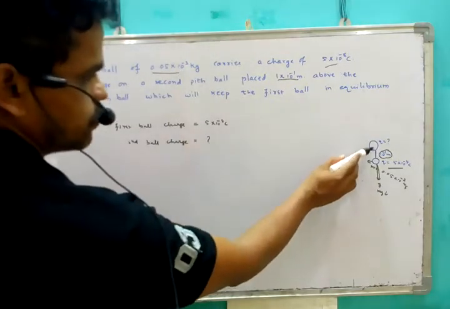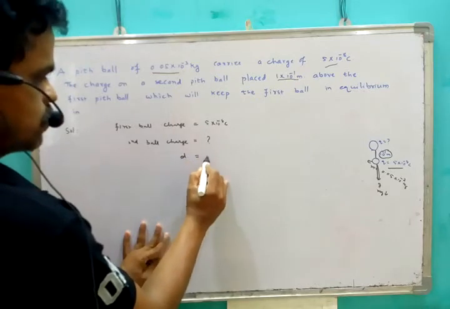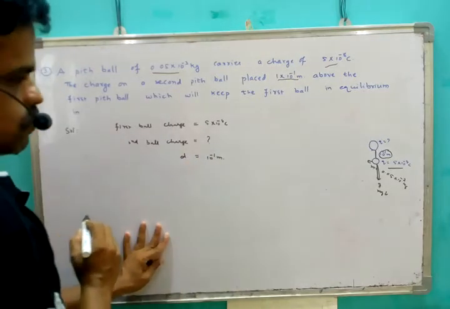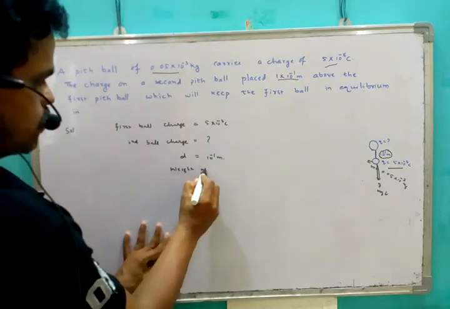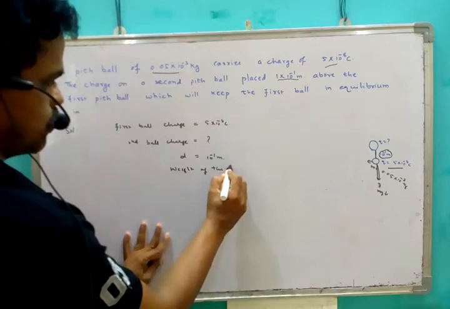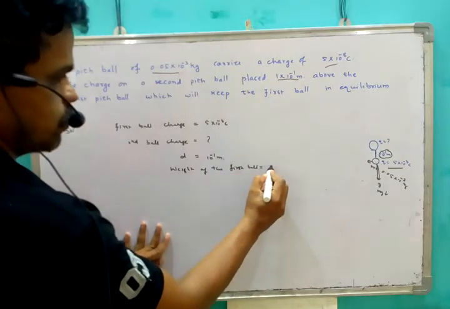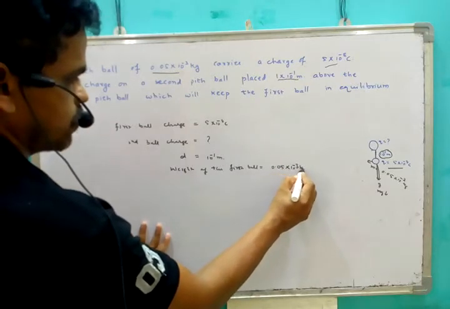The distance between these two balls is 10^-1 meter. The weight of the first ball is equal to 0.05 × 10^-3 kg.